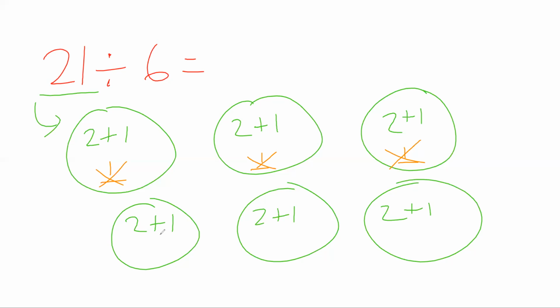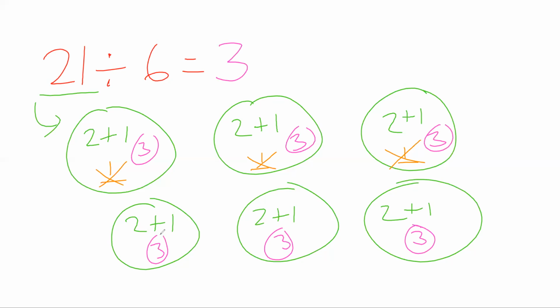Each one equally has 3, which means I have my first answer of 3, and then the remainder was the ones we couldn't use. Well, we couldn't use this one, this one, and this one, so this also has a remainder of 3. Coincidental, that was the same answer as the one before. I don't know what's going on with that.